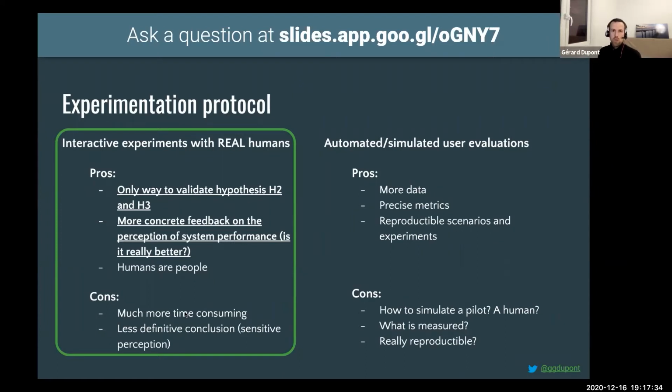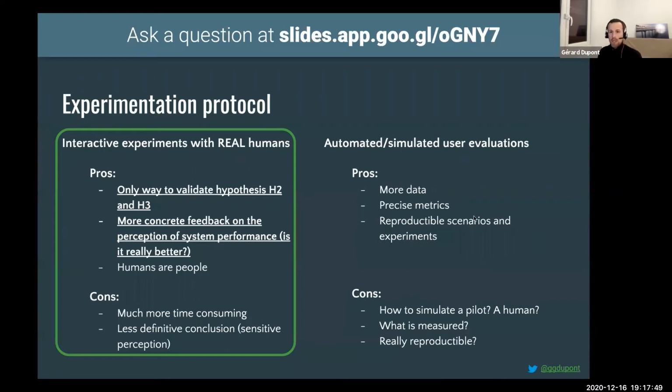So in the analysis of the data, it's often more difficult to have a strong conclusion. But it's often also highlighting some parts of the system which are not as good as you expect.